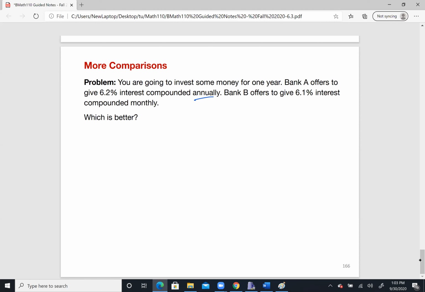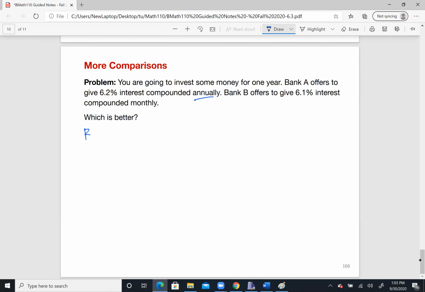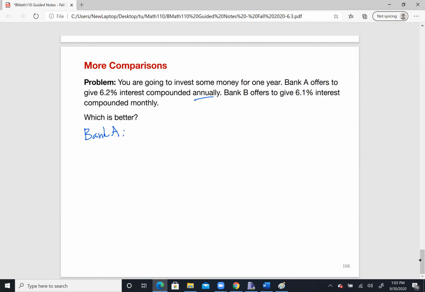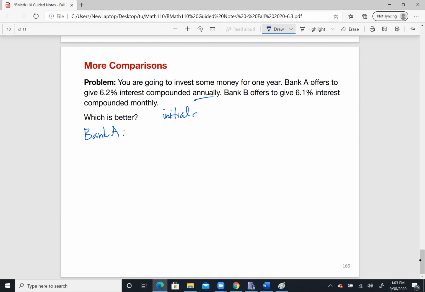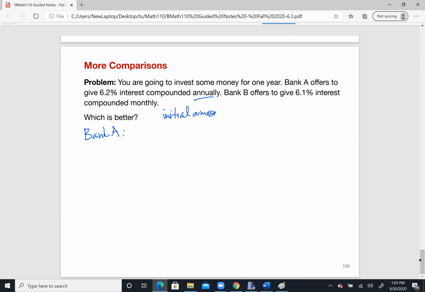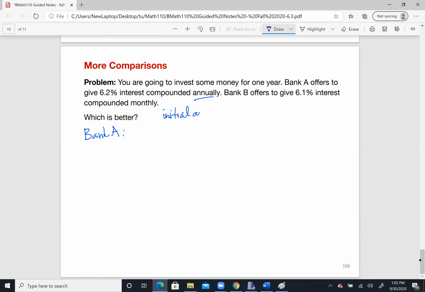Okay, so this is very clear, and you can say, okay, let's do bank A first, right? For bank A, let's say the initial amount for both that you have is P, okay?